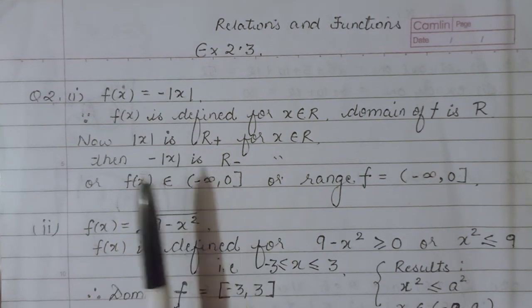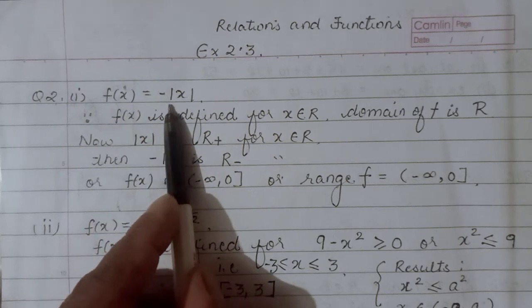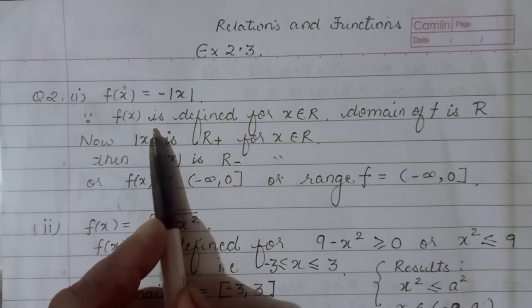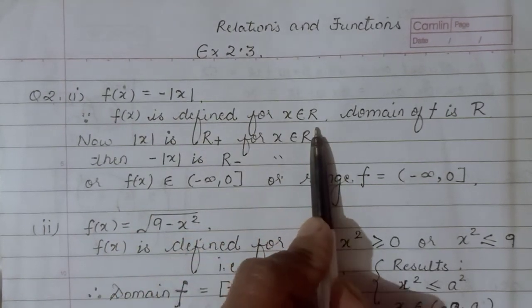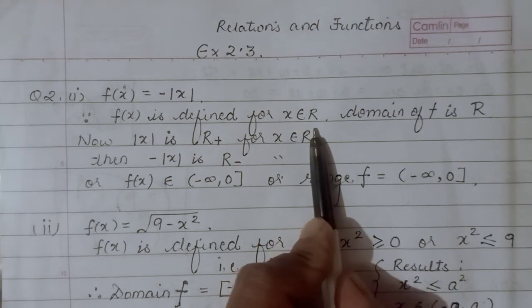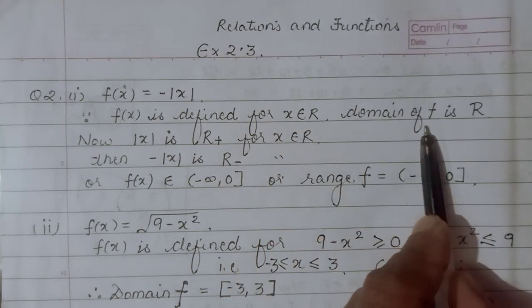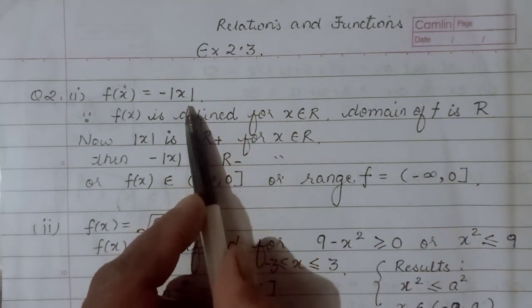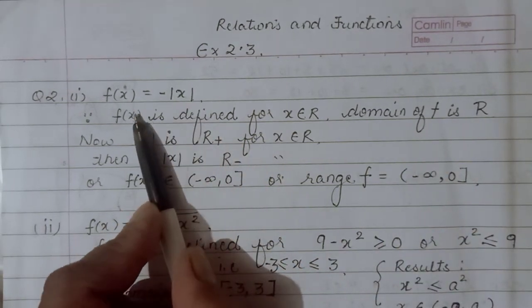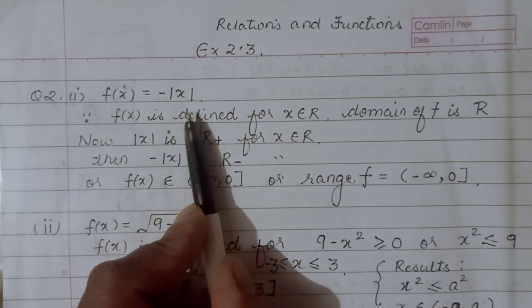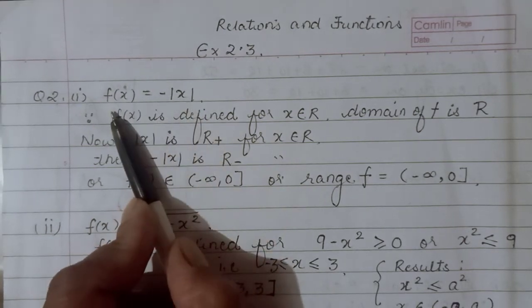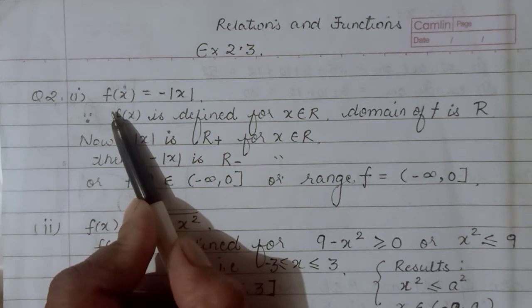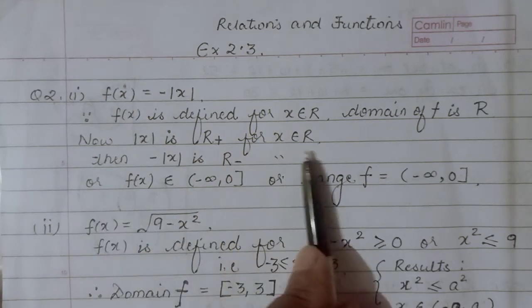Okay, so that is why we are saying that this f(x), as it has been written here, is defined for all x belonging to real numbers. Therefore, the domain of this function will be termed as real number. Means हर real number के लिए मैं ये calculation कर सकती हूँ, ये evaluate कर सकती हूँ. Or the other way around, for every real number I can find an image. So the domain is all real numbers.